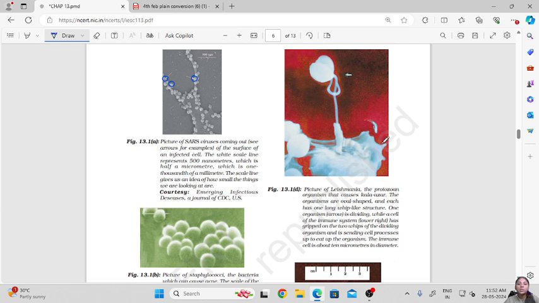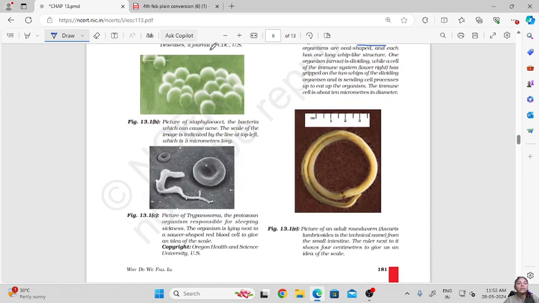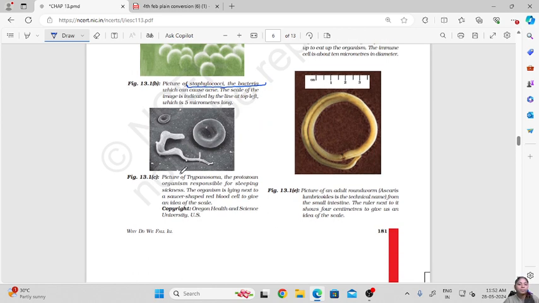Then here is a picture of a protozoan organism which causes the disease called Kala Azar. Then this is a picture of the Staphylococci bacteria. This is a bacteria which can cause acne in us. Here is a picture of another protozoan organism which causes sleeping sickness.